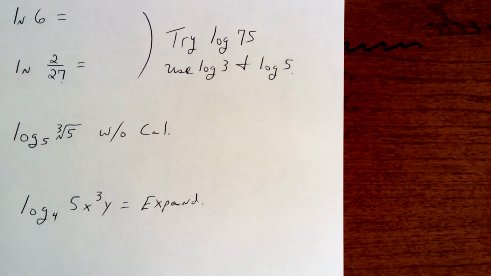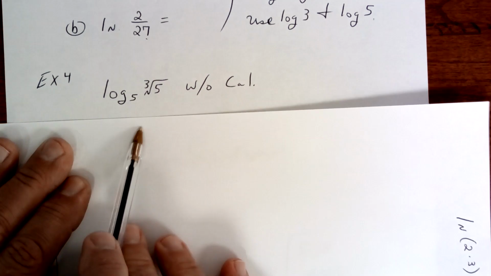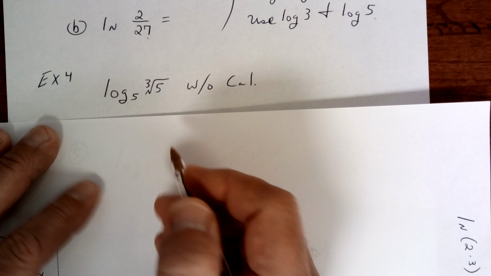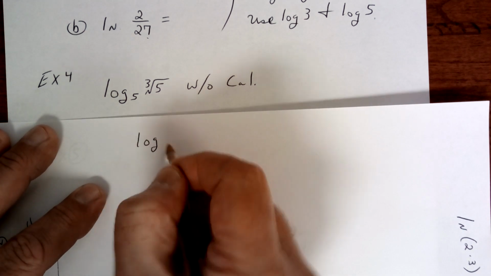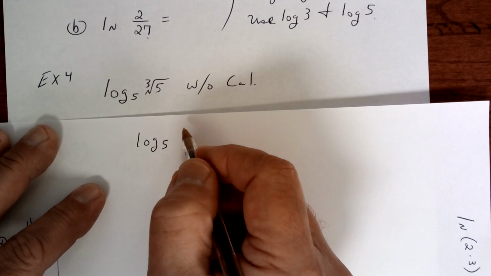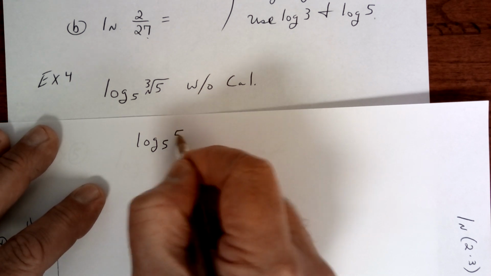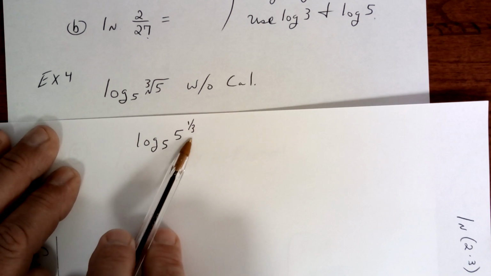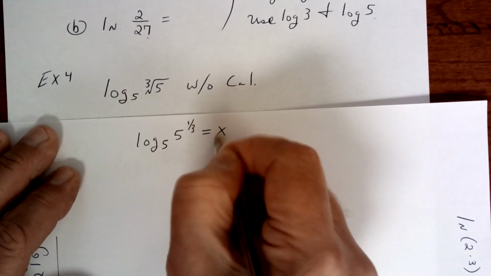Okay? This one right here, copy this down. This one says calculate without a calculator. Say that quickly 3 times. So this is going to be the log base 5. Now what I would do here is I would put this 5 to the 1/3 power, which is what the cubed root is, equal to x. That's the first step.